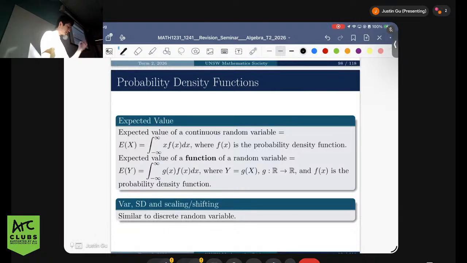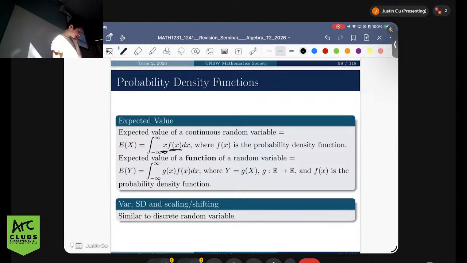And we define expected value and variance the same way. The expected value of a continuous random variable is the weighted average of everything. The density f(x) determines the probability of our random variable being x at some point, so we multiply it by its value, and that gives us our expected value.